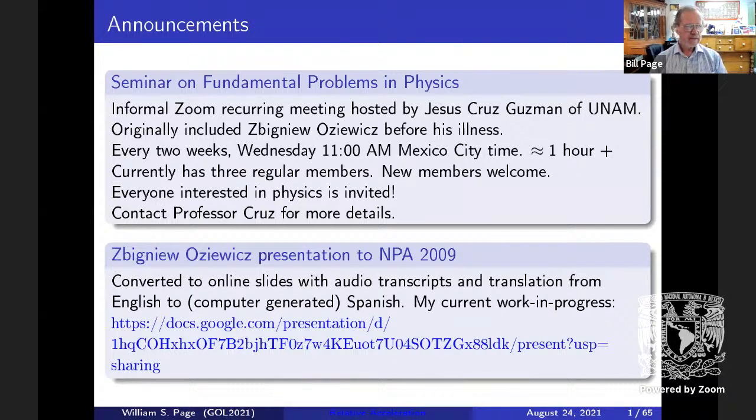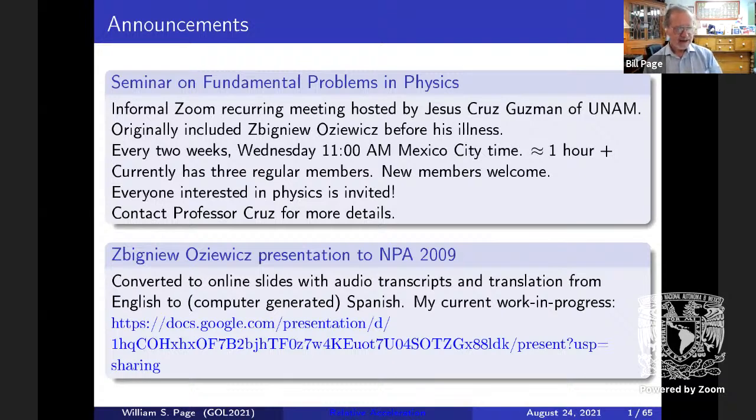But shortly after we started to get organized for this conference, when Jesus mentioned that he had such an informal seminar, we together decided that we'd like to continue it somehow. So we have been doing this, I think, roughly since December, meeting every 2 weeks on Wednesdays. But so far we only have 3 members.